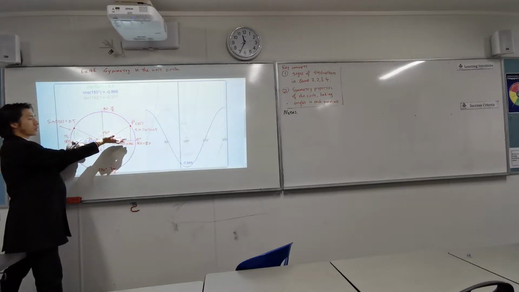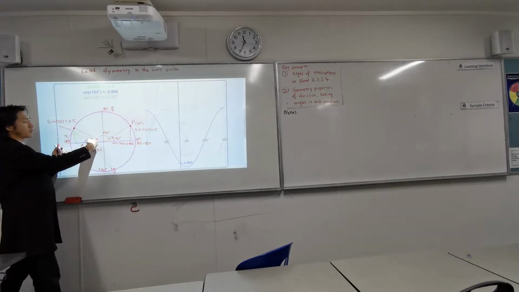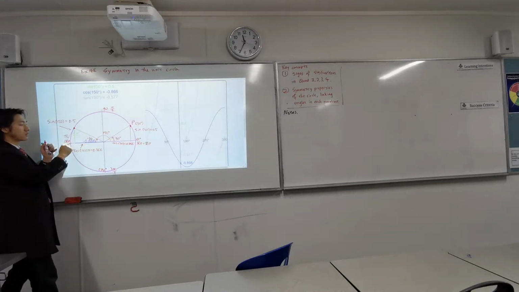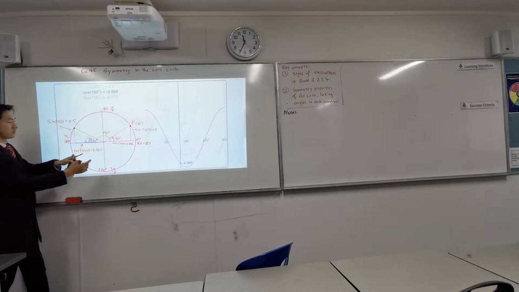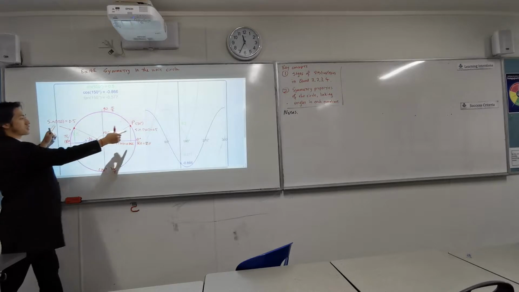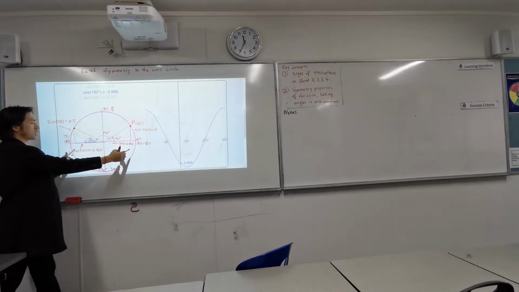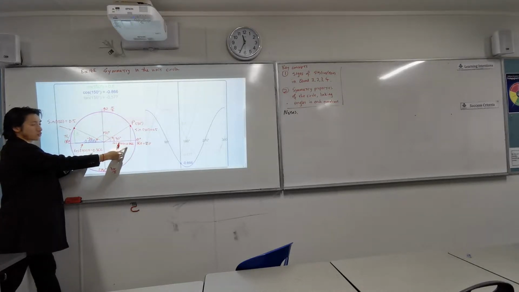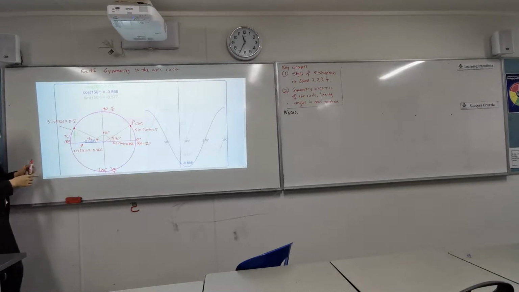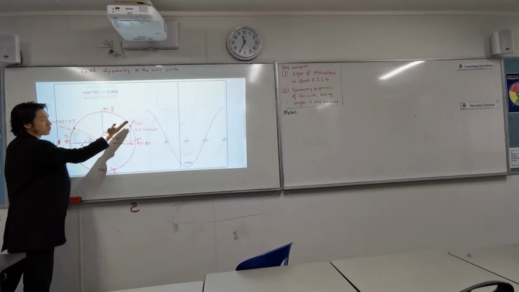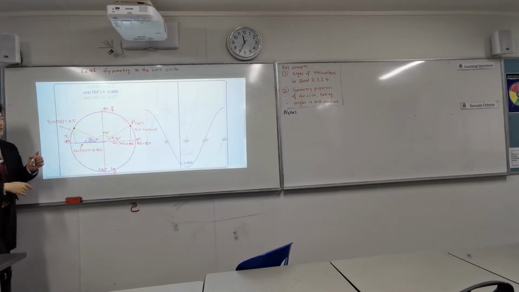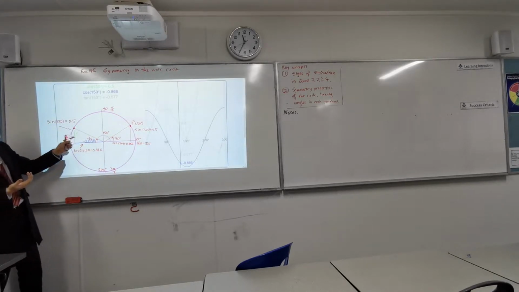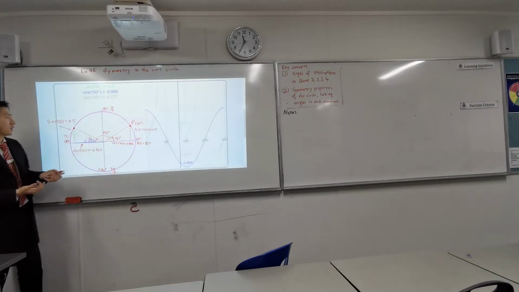If we go 30 degrees from the positive x-axis, we also get the same value if we go backwards by 30 degrees from the other side of the x-axis. But some things remain the same, like the sine, they're both 0.5, but the cosine, they switch signs. Also the tangent as well. Initially in quadrant 1, our tangent was positive. In quadrant 2, our tangent is negative. So that's a bit of an introduction to the symmetry in a unit circle.